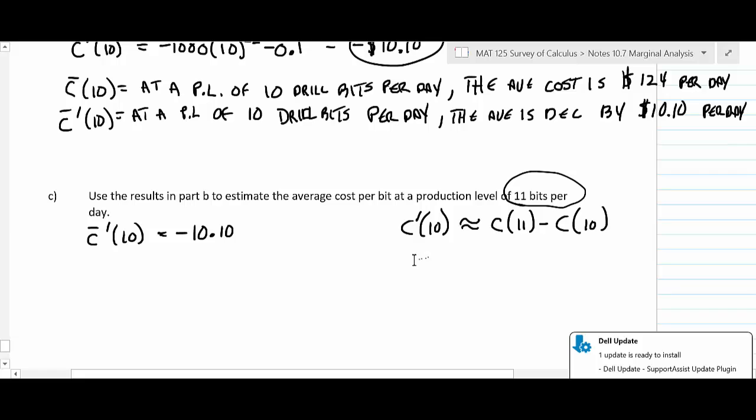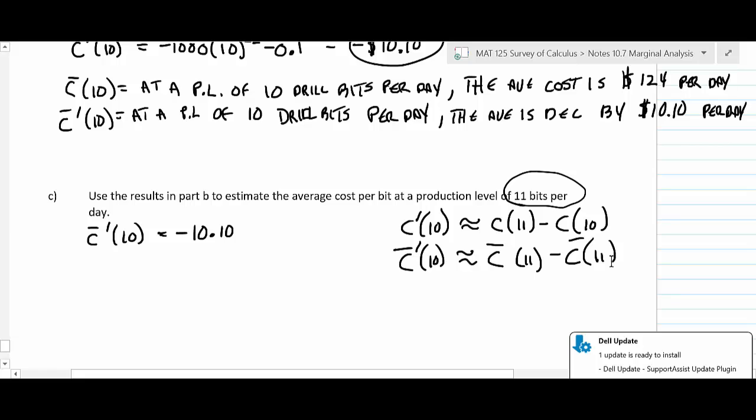So really, C bar prime of 10 is also going to approximate the exact average cost per bit. So this is going to be the same thing as C bar of 11, not a derivative. There shouldn't be a derivative there because this gives the exact average cost at the 11th bit. So it's going to be exactly the same thing.